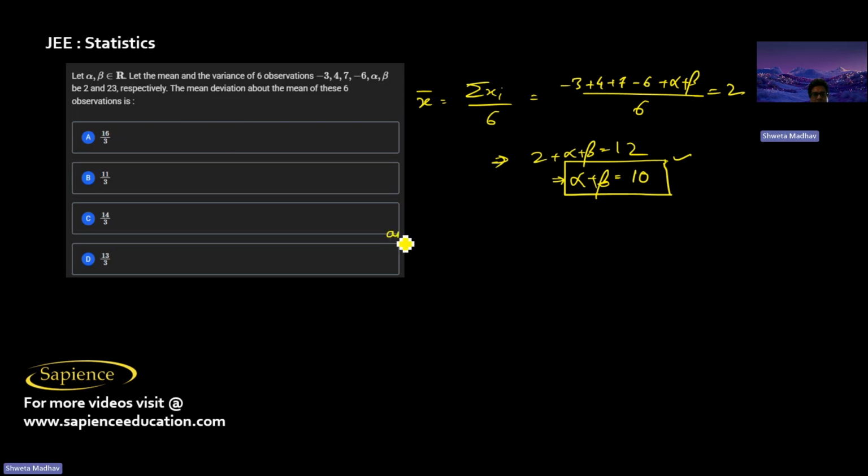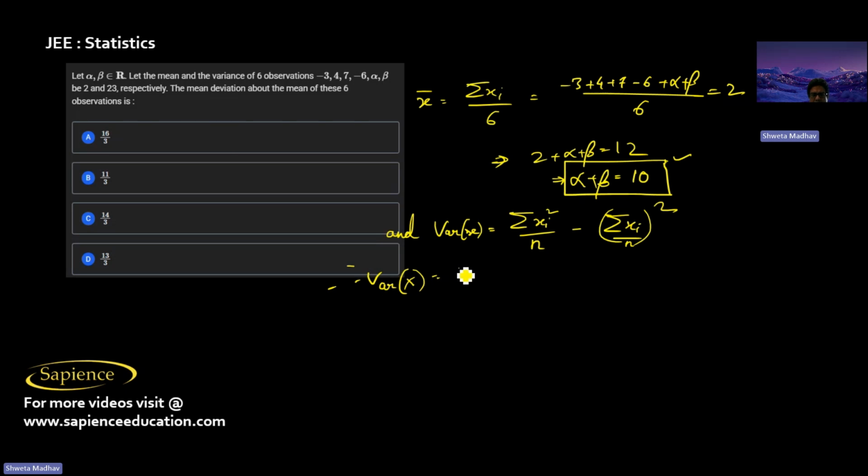And then the variance of x will be equal to the mean of all the squares minus the mean square. So the variance of x will be equal to summation xi square, so we have to square them.